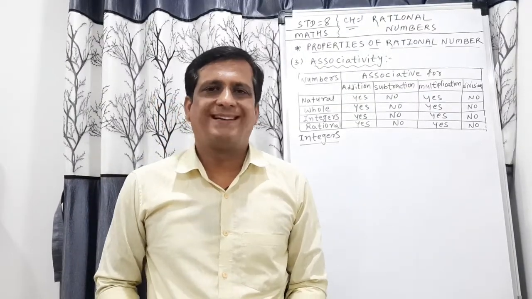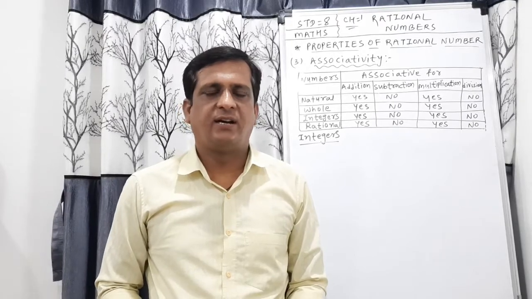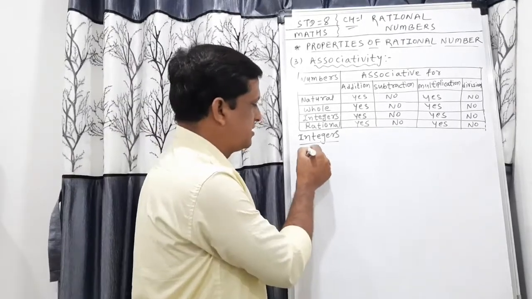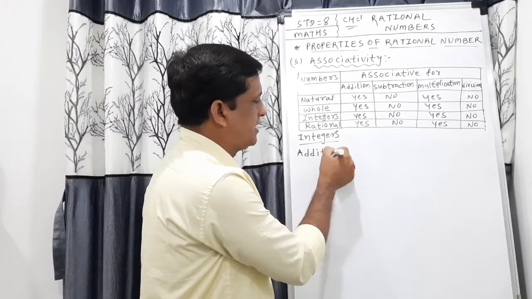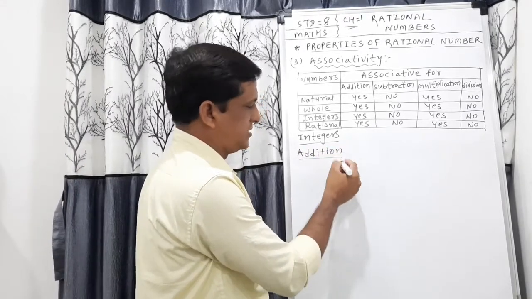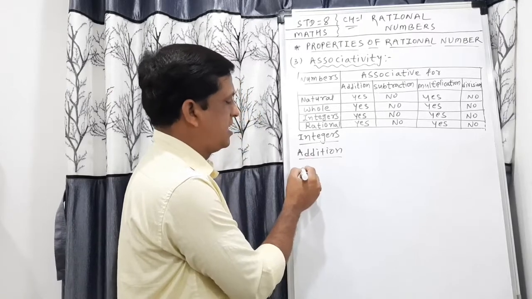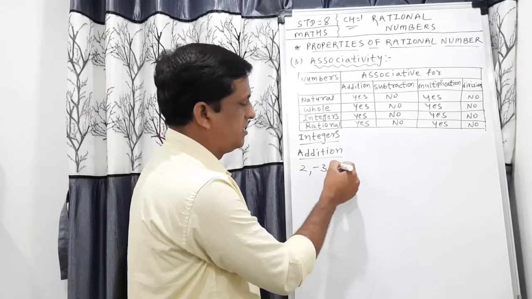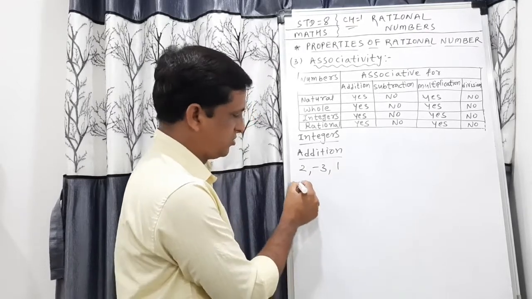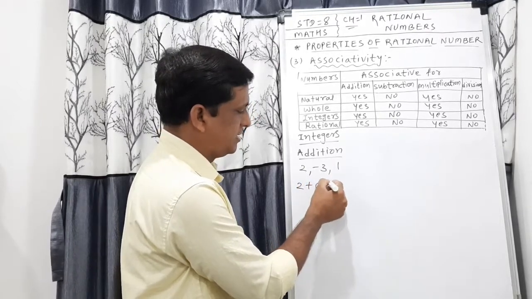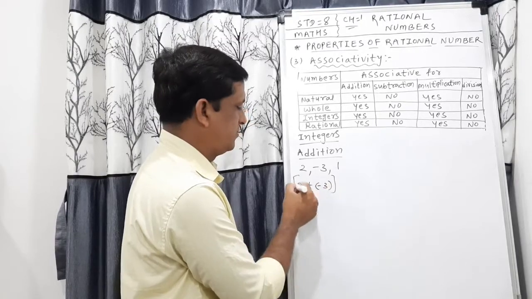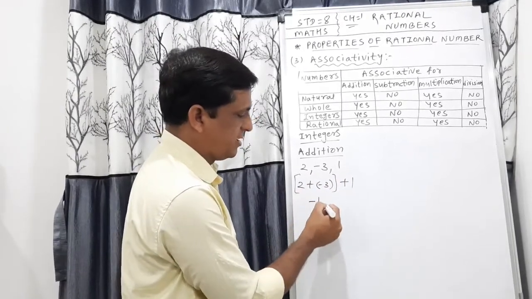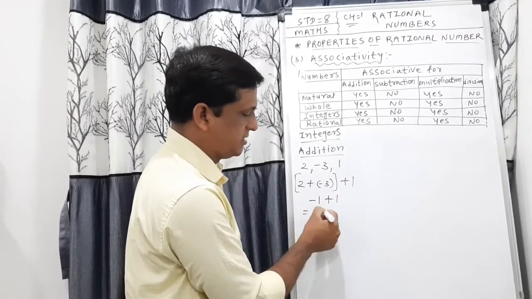Now we are talking about associative property for integers, right? So here first of all we are discussing addition. We are taking three integers, 2, minus 3 and 1. So (2 plus minus 3) and plus 1. 2 minus 3 is minus 1 and plus 1, the answer is 0.